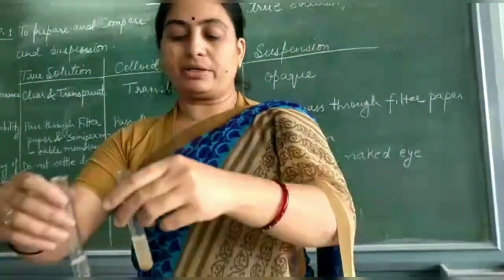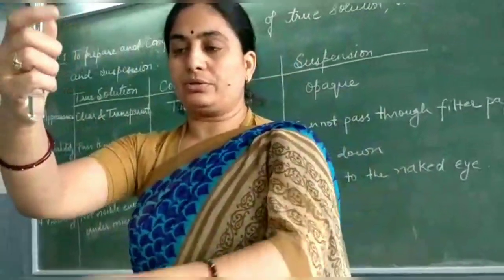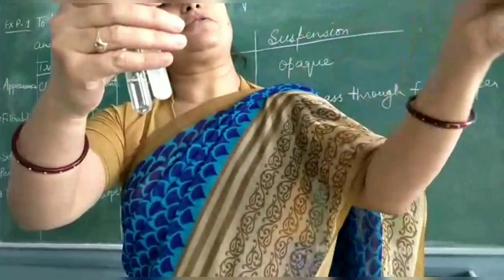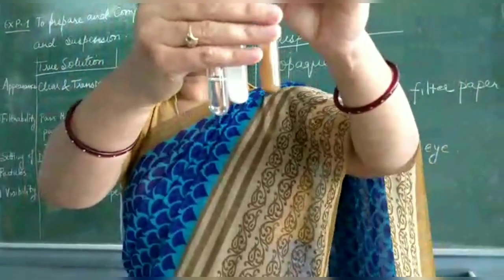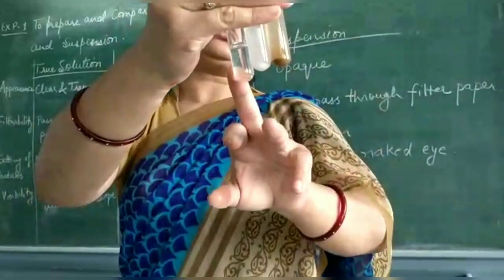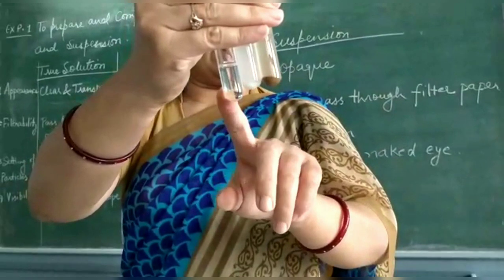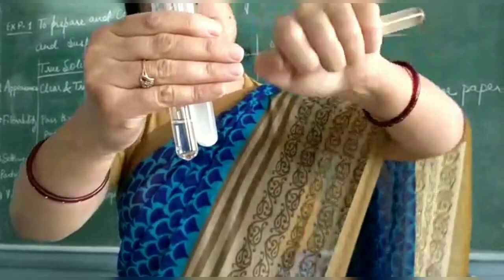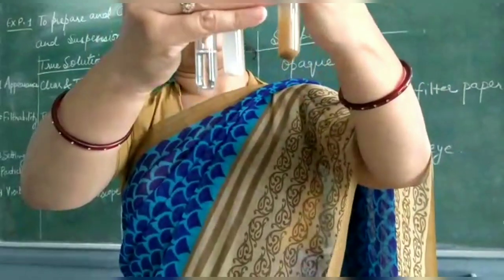Now we can compare these three. This is true solution, this is colloid, and this is sand and water. The first one, true solution, is clear and transparent, colloid is translucent, and the third one, the sand suspension, is opaque.